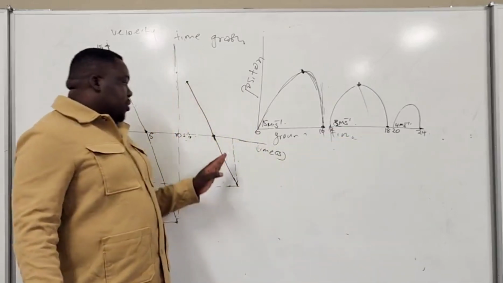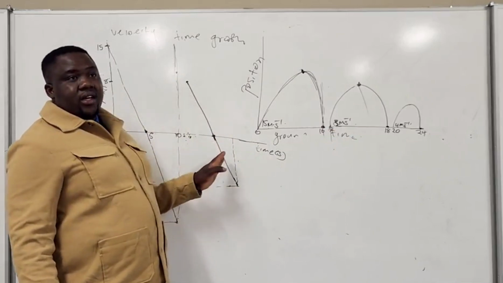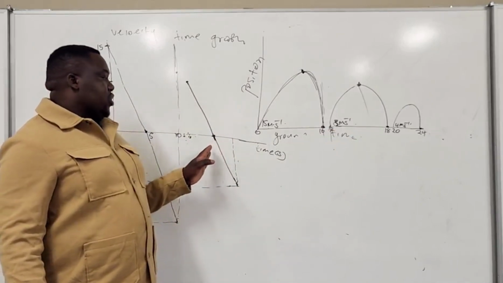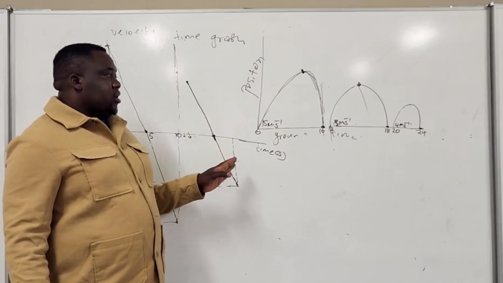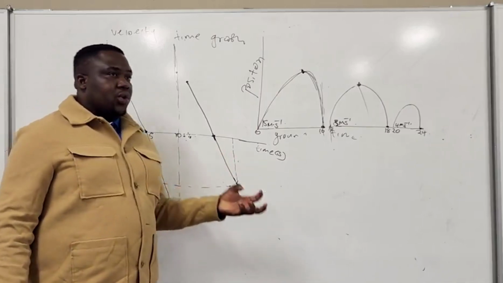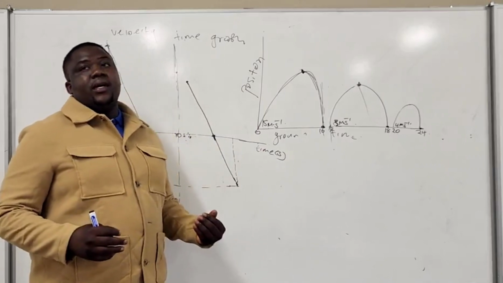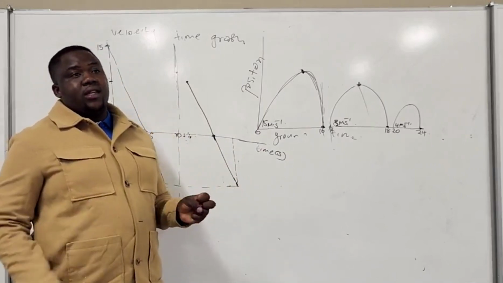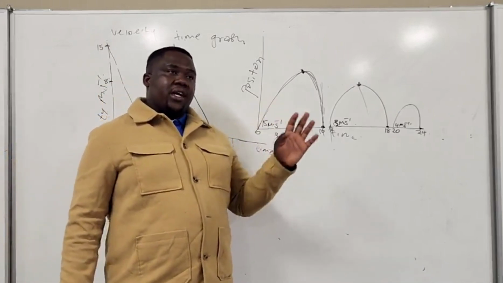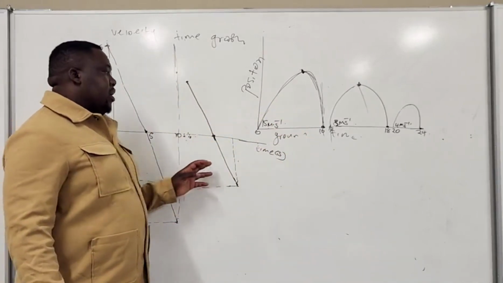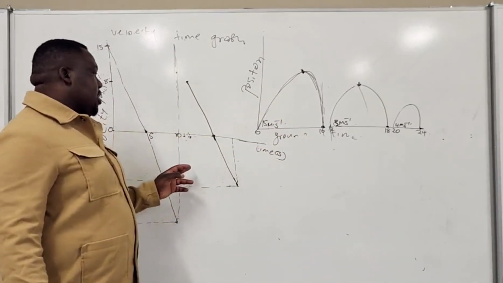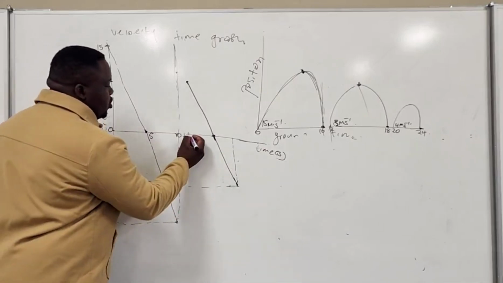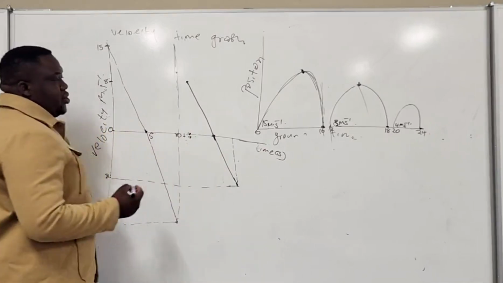So notice, I'm not going to write 12, 18 here, because time does not stop. You understand? So I need to make my correct representation here. So the contact time is 12.